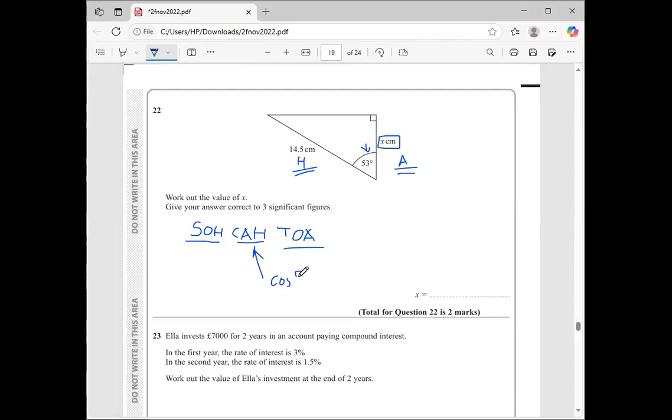Just help me ensure that your calculator is in scientific mode because we're going to be using it now. The only other alternative for finding cos 53 is to use four-figure tables, and I guess you don't use it for this exam. Okay, so cos 53 is going to be equal to adjacent.